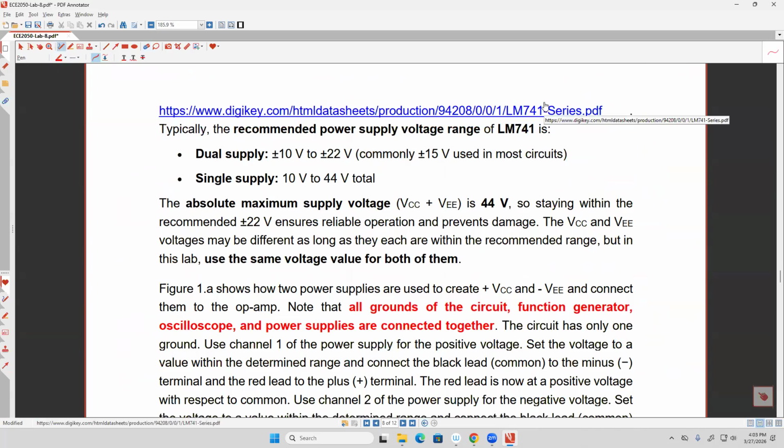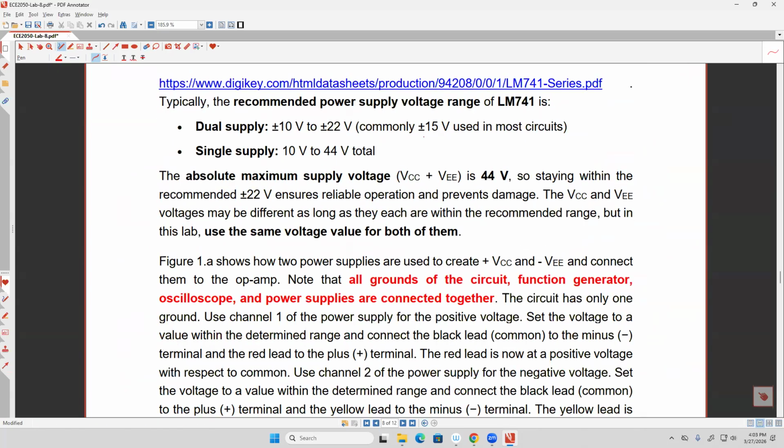From the data sheet, it's recommended to be positive and negative 15, but you can use anything between positive and negative 10 up to positive or negative 22. In case you are using only a single supply, which means one is zero or ground and the other, we're not going to do it here, but just to understand the topic, the maximum should be 44.